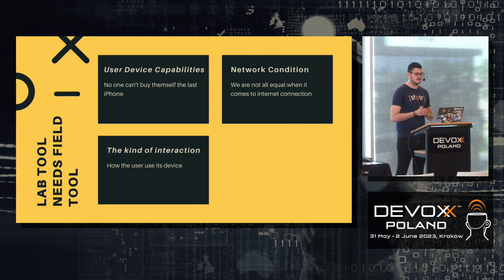And the last point is the kind of interaction with our device. Not everybody uses the device in the same way. Okay, so generally when we use our device, we open an application, but we never close it. So at the end of the day, we have a lot of applications running in the background on our device, right? How does a CPU work?